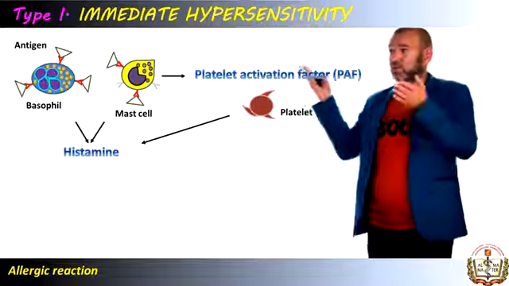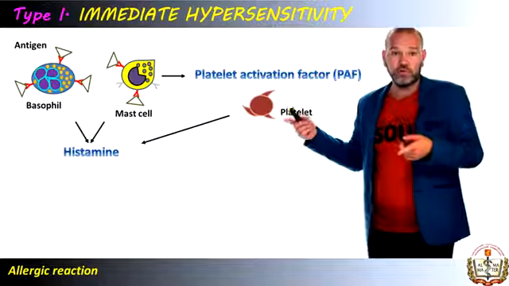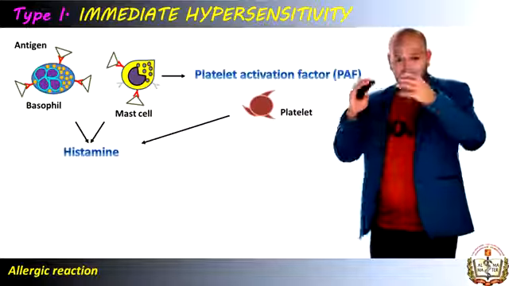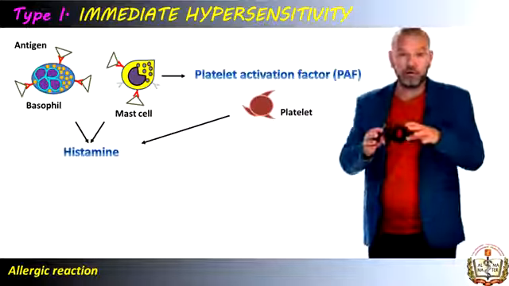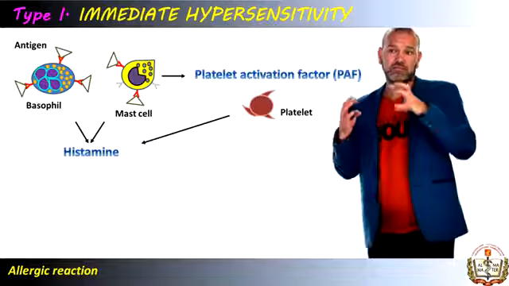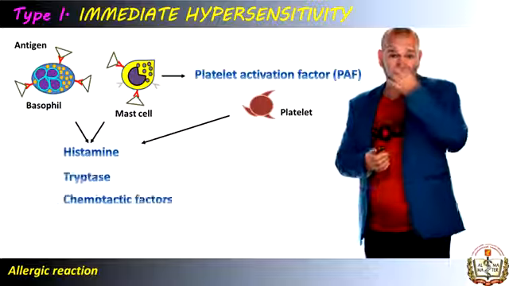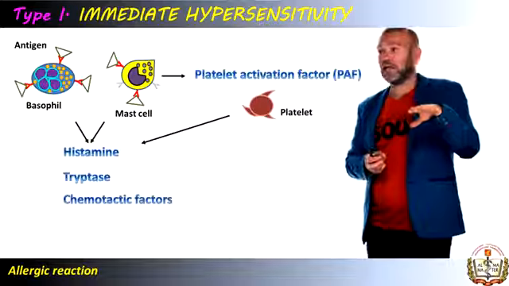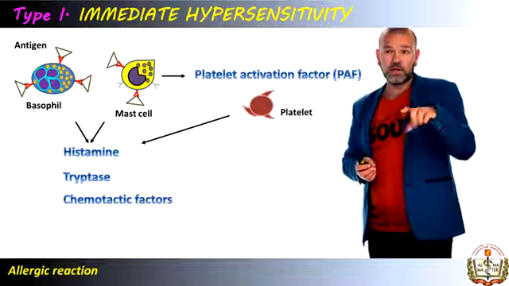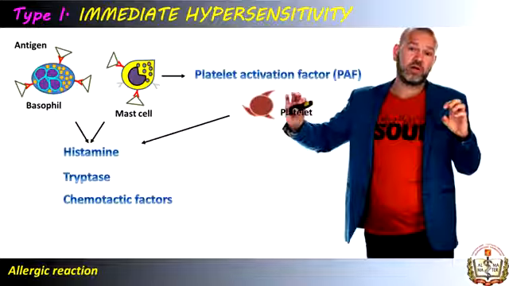That factor, as is obvious from the name, will activate thrombocytes or platelets, leading to their aggregation and the release of, again, histamine, release of heparin, release of different vasoactive amines acting on our blood vessels. And mast cells and basophils, again, will release tryptase, which will lead to alternative activation of the complement.